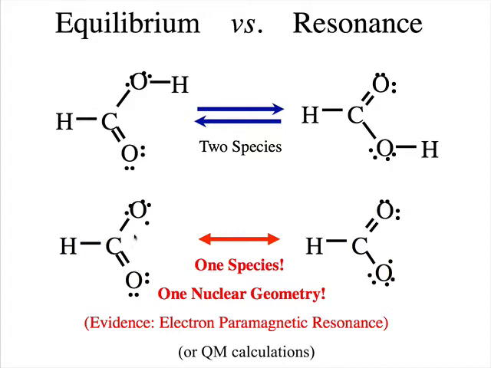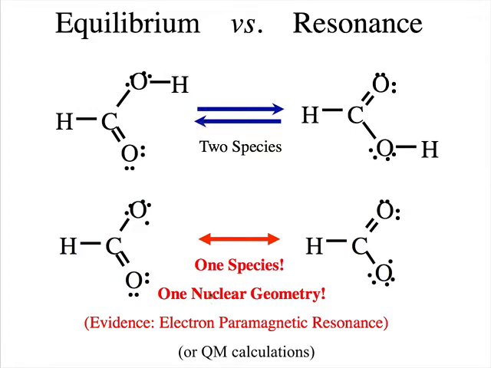In fact, we only have one type of bond, and that one type of bond only has one bond length. There is only one nuclear geometry in this radical species where we have an unpaired electron. There are actually two nuclear geometries when we have the hydrogen there. That's an equilibrium situation.